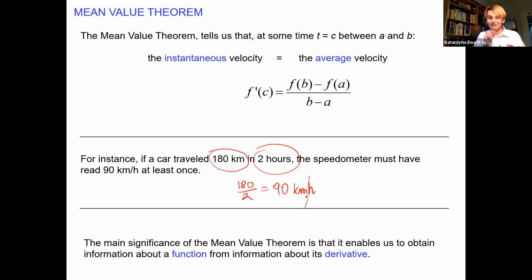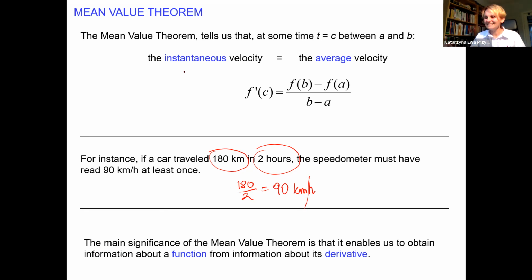But of course my speedometer must have reached 90 kilometers per hour at least once. Yeah? Doesn't indicate that I was driving all the time 90. 90 sounds like a lot, but 90 is about 56 miles per hour because it's kilometers.